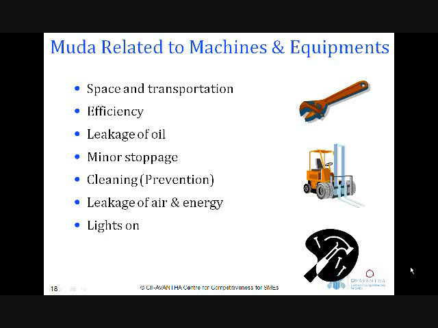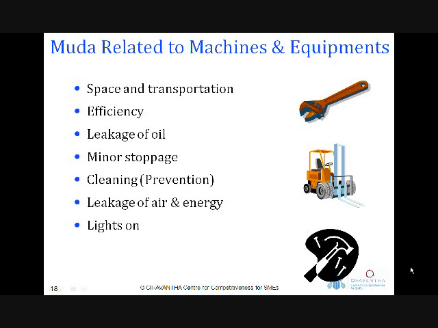Lights on. This is very common. When we go home and we come out of a house or room, we switch off lights. But in industry, in office, when we come out, we don't switch off lights. One reason is either the switch is not accessible or we don't know the switch.